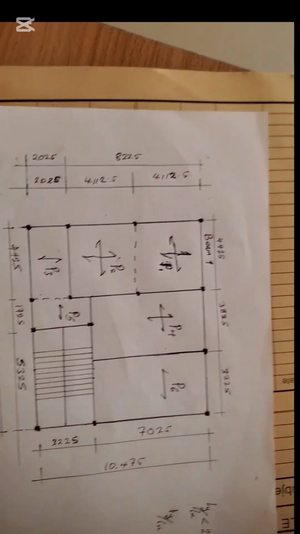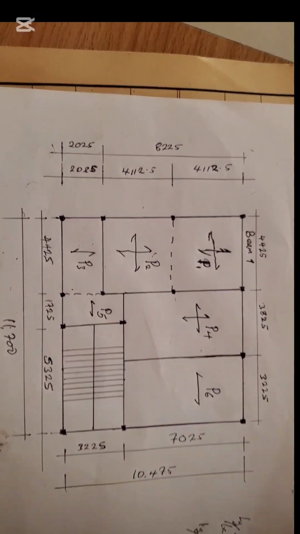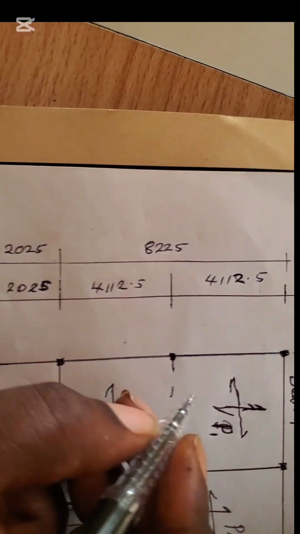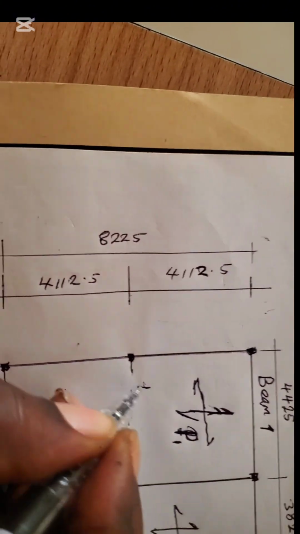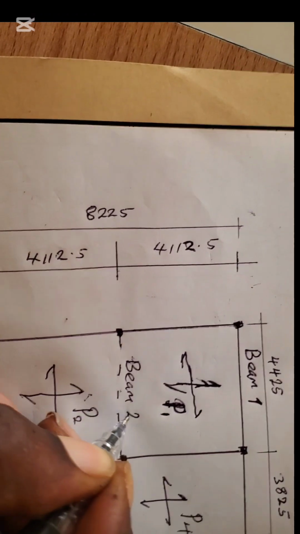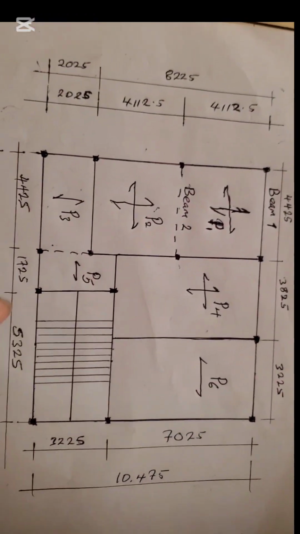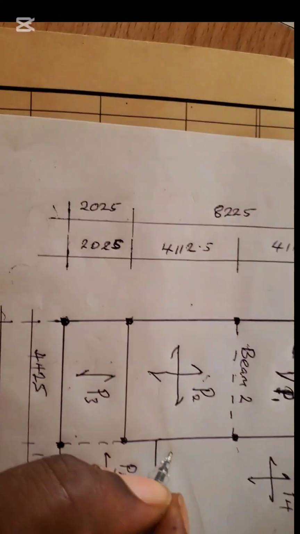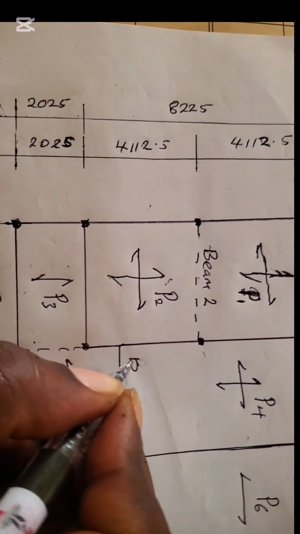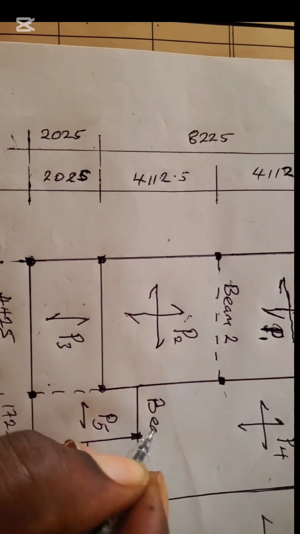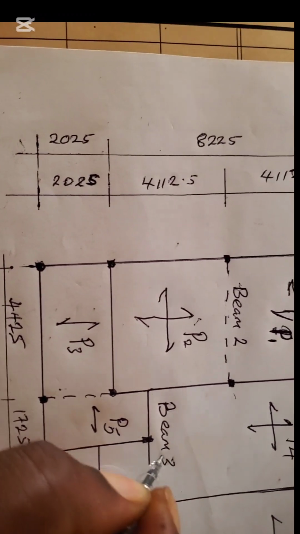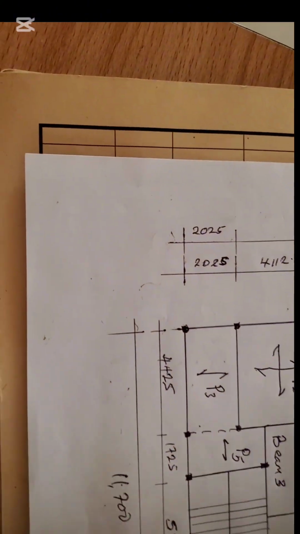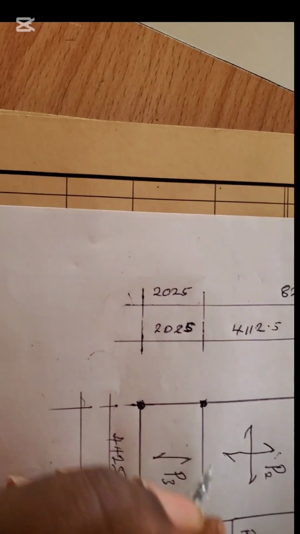Then let us use the horizontal beams, for instance, to start labeling. Remember that this is a beam now. So we call this one beam 2. Then the next horizontal beam is this beam. We call this one beam 3. Then the next horizontal beam, this is a stair hole, is this one.